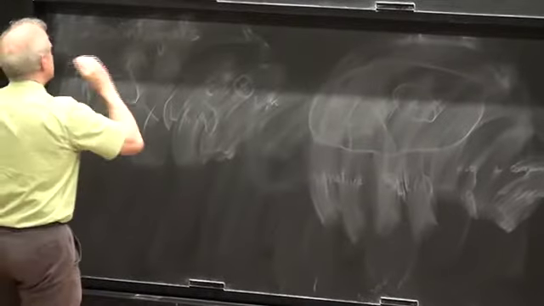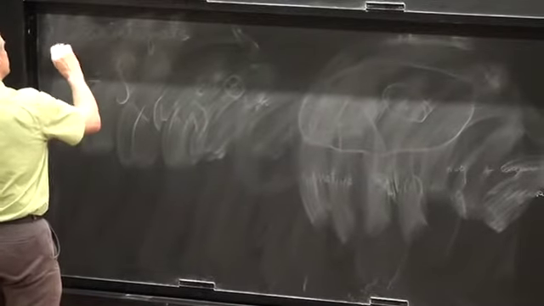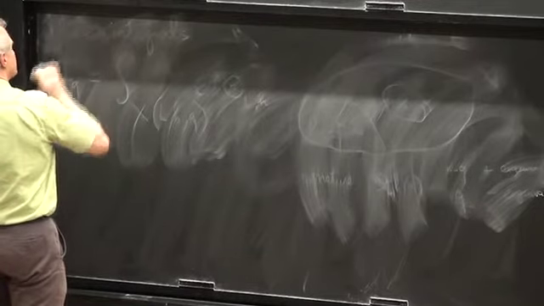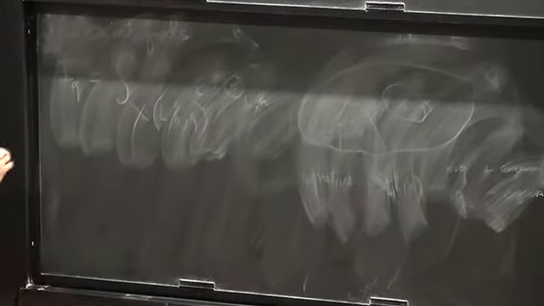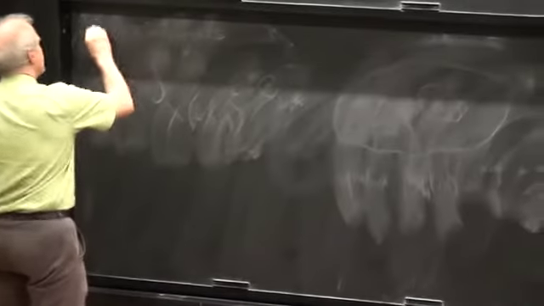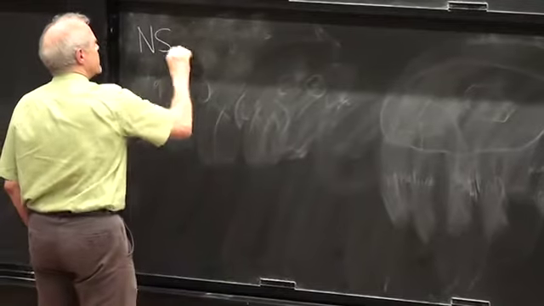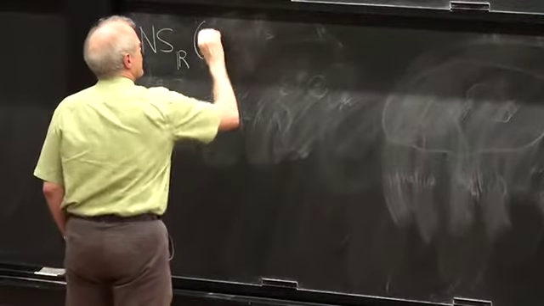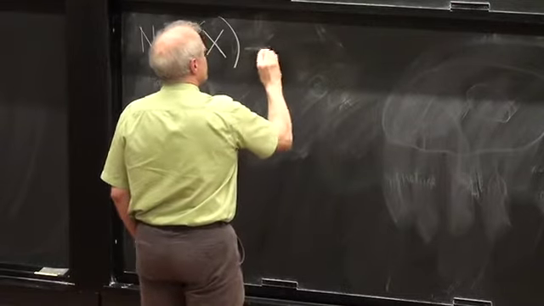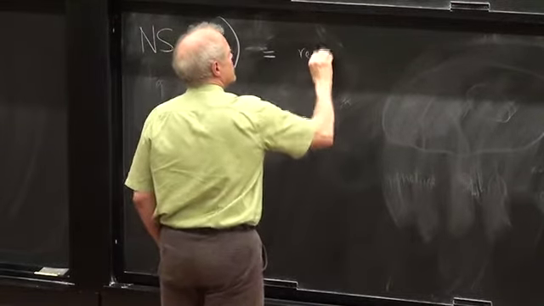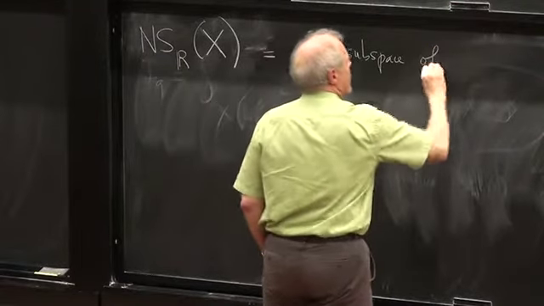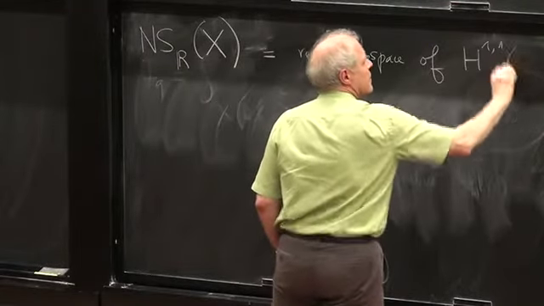First observation is that you can extend, well, you would like to extend to the Néron-Severi vector space. So you define the Néron-Severi real vector space of X to be the real vector subspace of H^{1,1} of X_R.